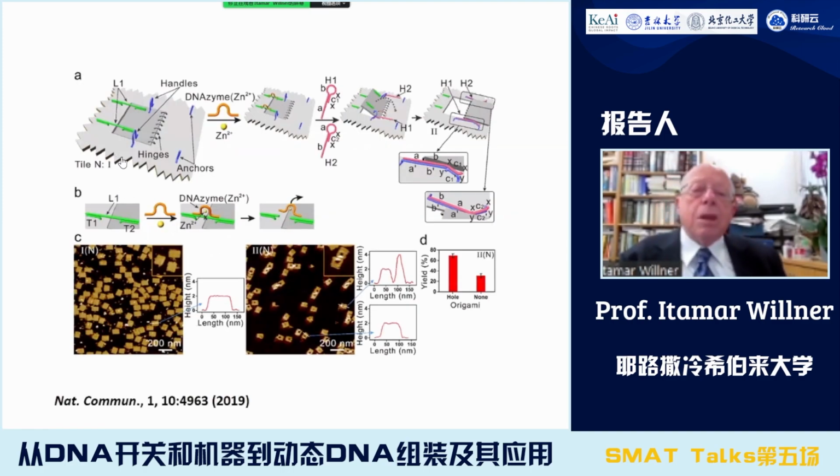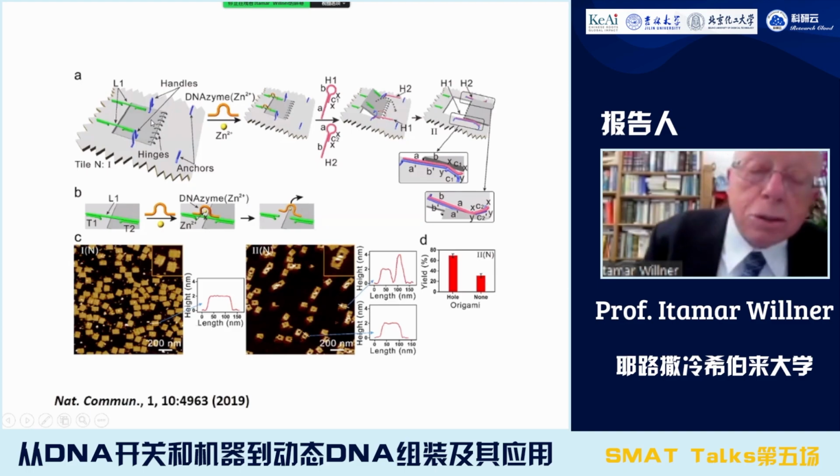Now what we did is we designed origami tiles where we can mechanically unlock a window in the tile of the origami and generate a hole in the origami tile. The aim of this was, as we will see, to generate in the drilled hole a confined environment to perform a dictated catalytic function.